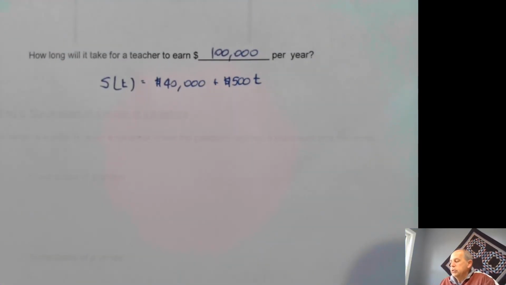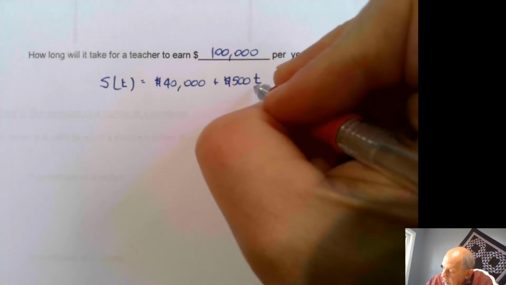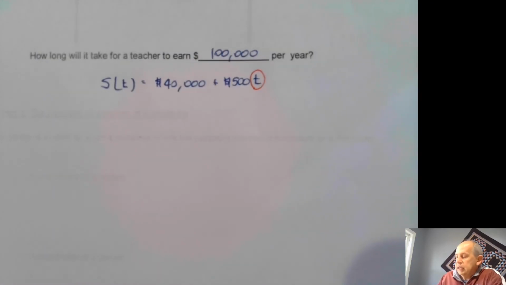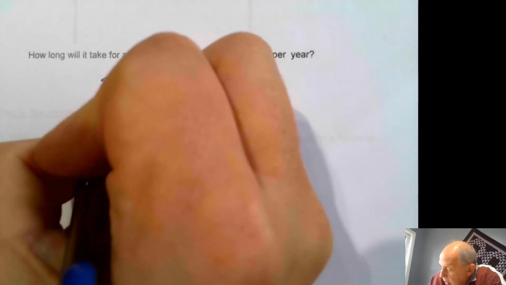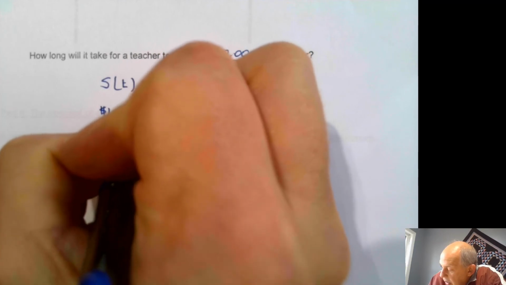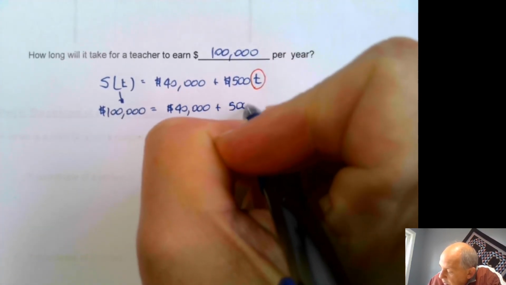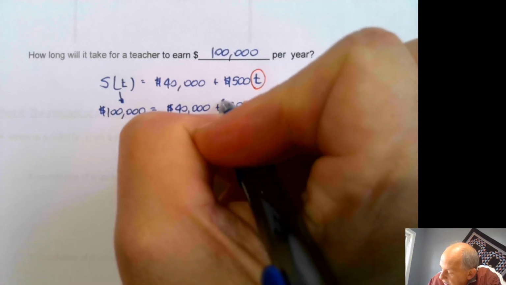What I'm going to do for this model is see how many years this is going to take to earn $100,000. And the salary that I want to earn is $100,000. That's going to be 40 plus 500 times T.